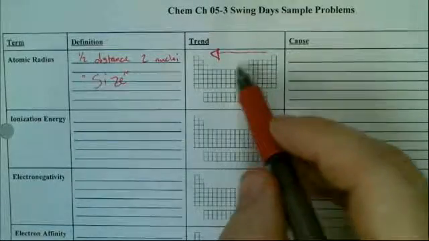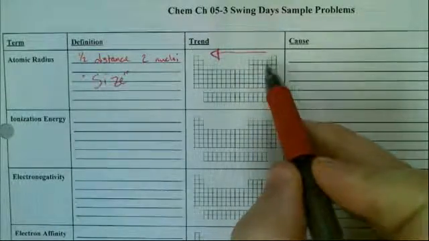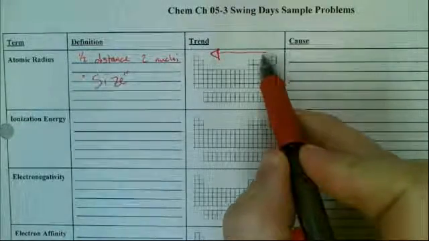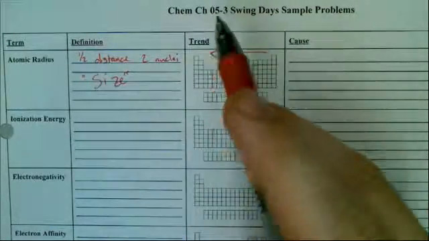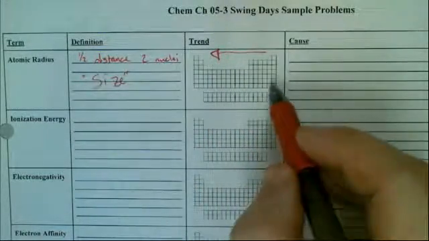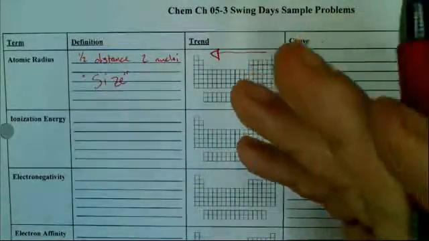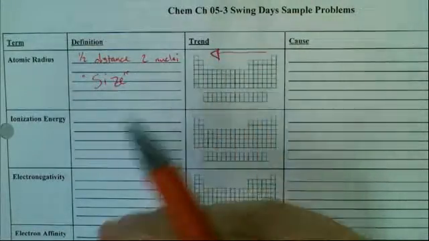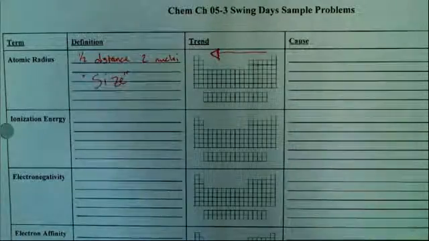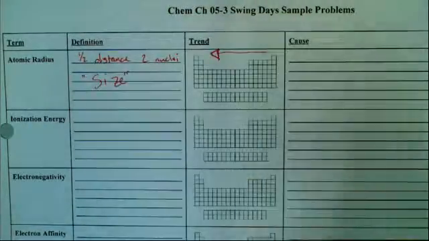I can say just as correctly that the radii of atoms increase as I go to the left, as if I were to say the radii of atoms decrease as I go to the right. Both are true. Both are accurate. Both are the trend. But realize I'm just saying from left to right versus from right to left. The trend is still the trend. It just depends on what direction you're looking at.